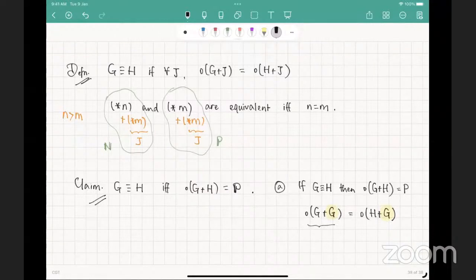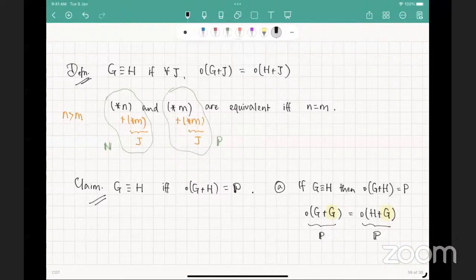Because we already know that G plus G is P. This was by mimicking. And because that's now equal to H plus G, we know that H plus G must also be P. And that's what we wanted to show, right?